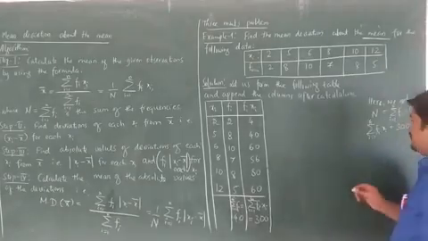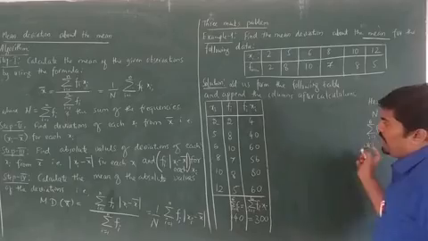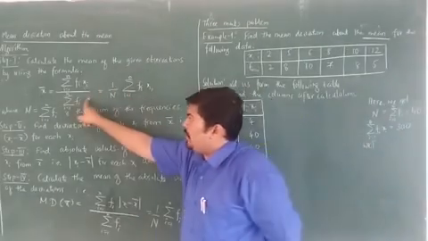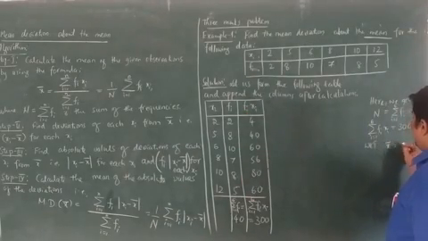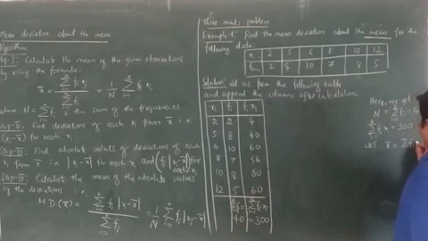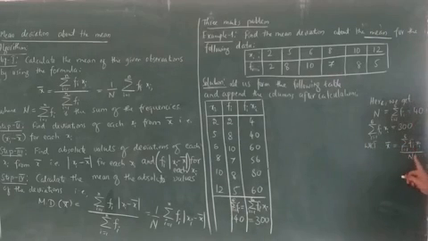Further, your task is to calculate the mean of the given set of observations. That is, x bar is equal to the summation of fi xi where i runs from 1 to 6 divided by the number of observations, or the summation of the frequencies.